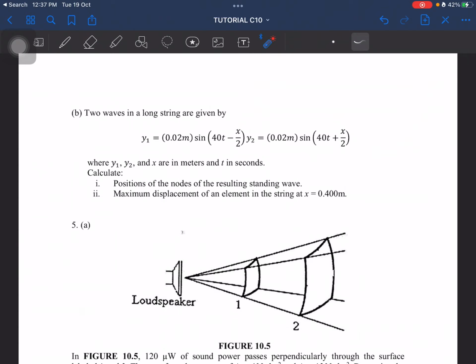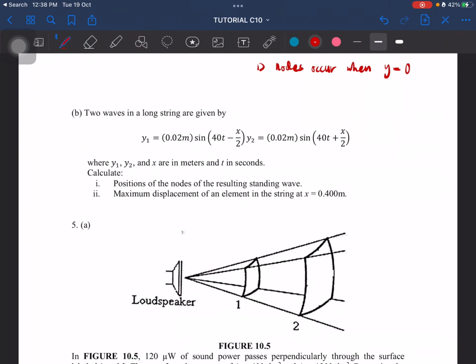Okay, so we know that nodes occur when y is equal to 0, right? So nodes occur when y is equal to 0. Okay, so we can actually use the formula.